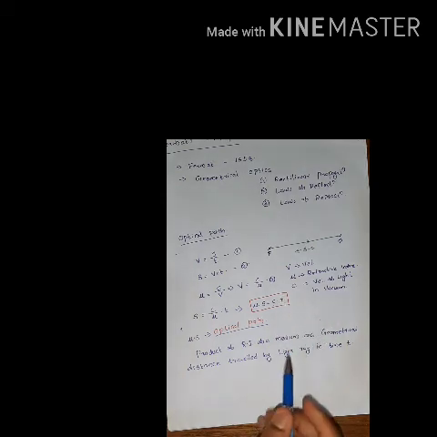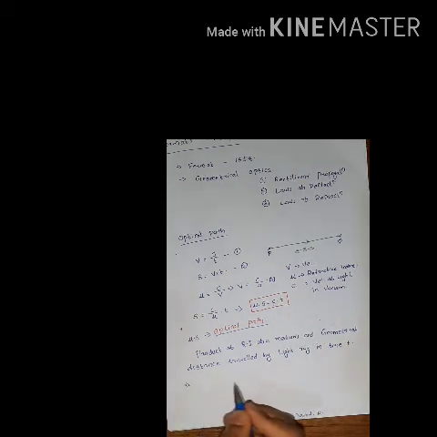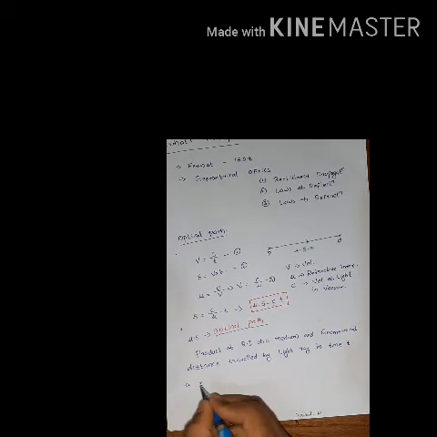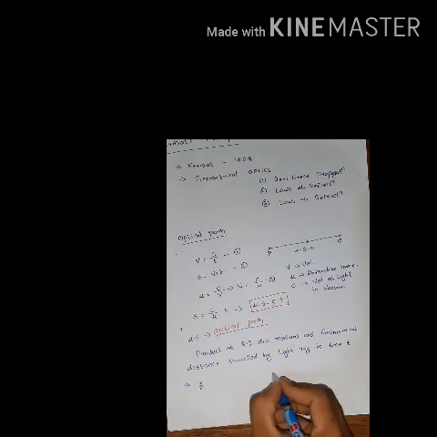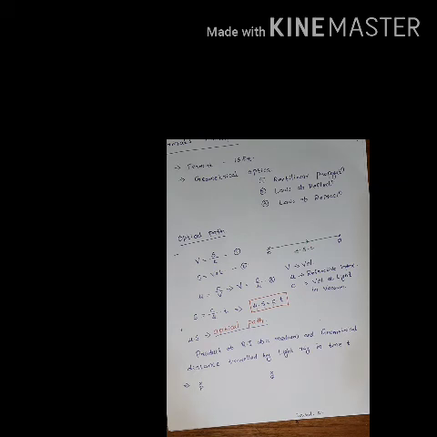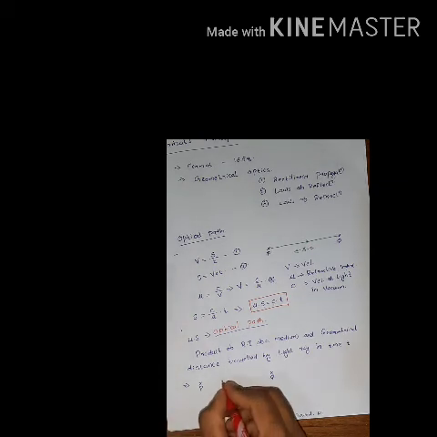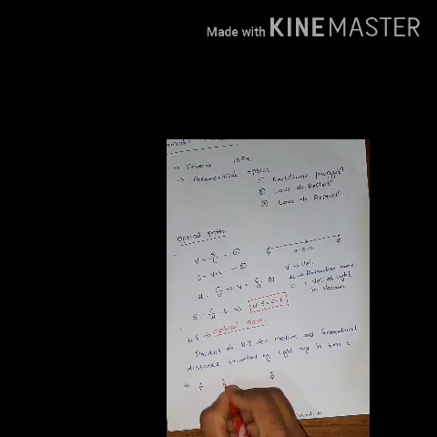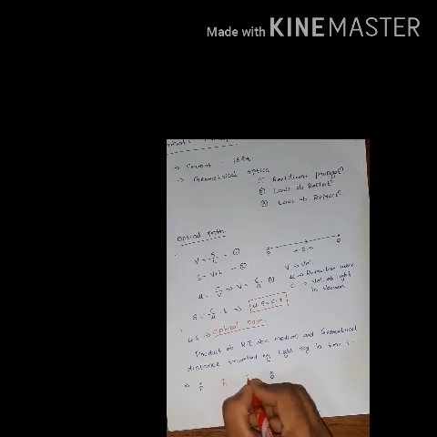So let us consider another medium. Let us consider our starting point is P and the final point is Q, and this medium has some more points, P1 and P2.